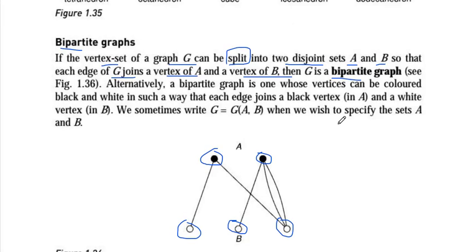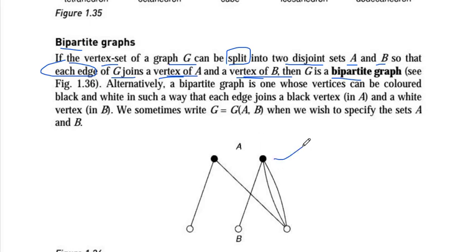If we split into 2, this is A and this is B. Each edge joins a vertex of A and a vertex of B. Each edge is connected from an A vertex to a B vertex, and none should remain. It's called a bipartite graph.